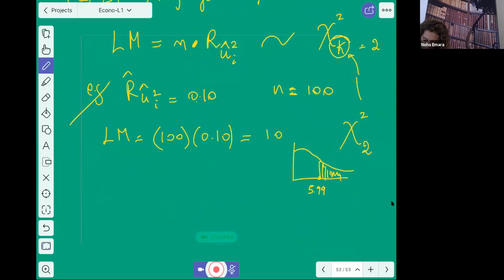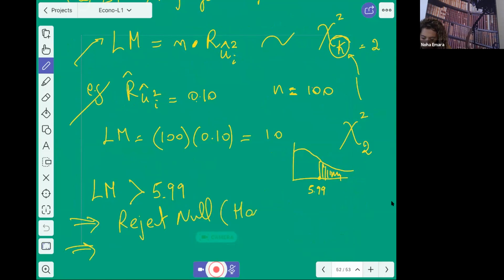If the LM test that you get is greater than 5.99, so whatever you compute here is greater than 5.99, you're going to reject the null that these coefficients are equal to 0. And remember, the null is saying homoskedasticity. When you reject the null, you're going to conclude that the model is heteroskedastic. Okay. Any question?